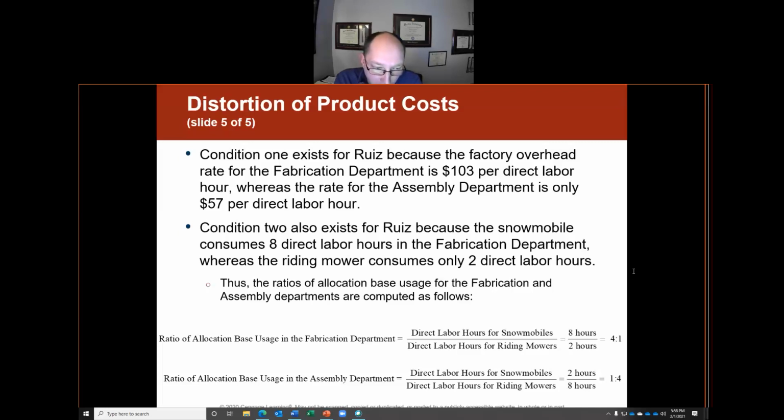A 1-to-4 ratio tells us that we're utilizing 1 of every 4 hours in the assembly department. It's okay. It's not as effective as the fabrication department. That's just my perspective, okay? But these ratios are helpful for managers to identify how well we're utilizing our hours in each department.